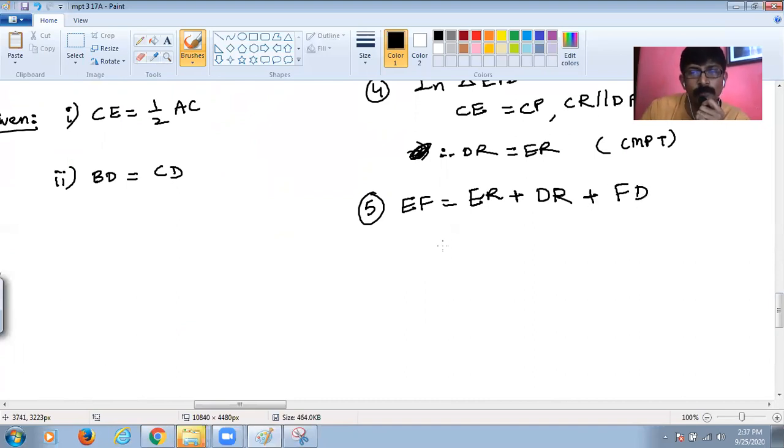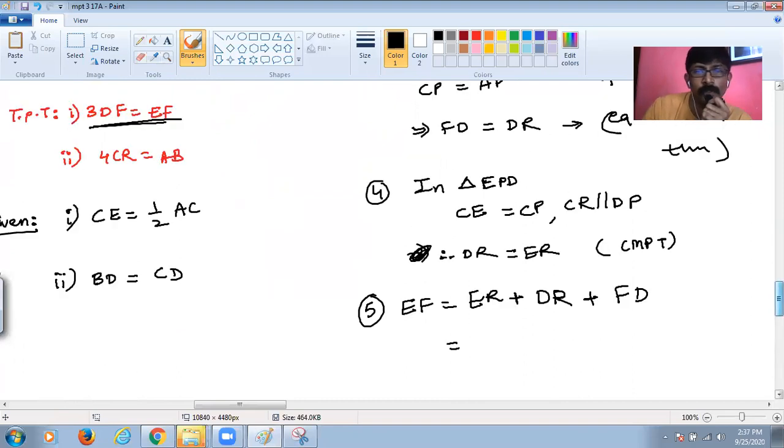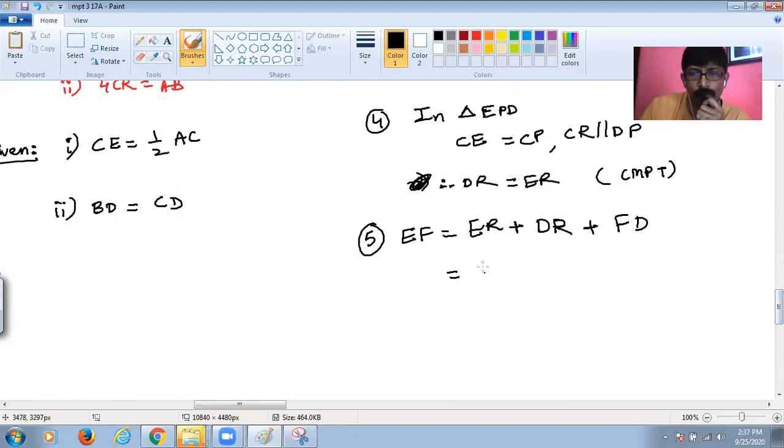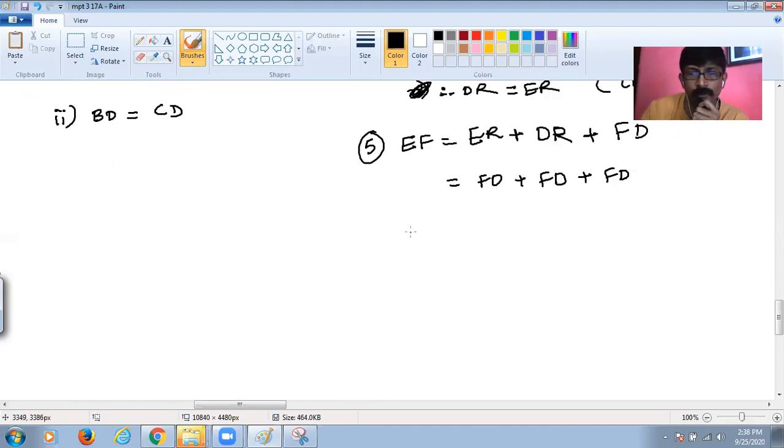But now all are equal to FD. So FD plus FD plus FD. That will become EF is equal to 3FD. EF is equal to 3FD. I hope you understood that.